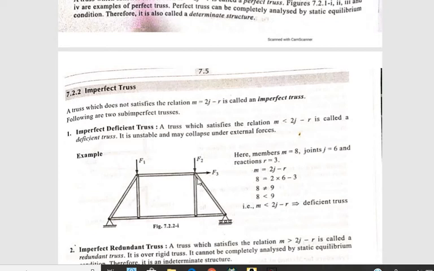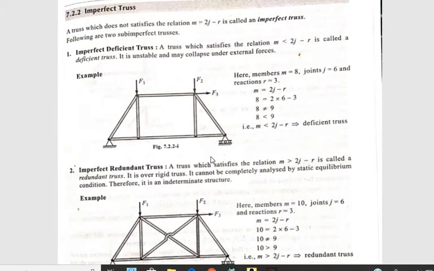Now on the other side, the reverse of this: when m is more than 2j minus r, that is called the redundant truss, an imperfect redundant truss. A truss which satisfies the relation m more than 2j minus r is called a redundant truss. It is over rigid. Now see, the number of members is more. More means what is happening? The weight of the truss is going to be increased.